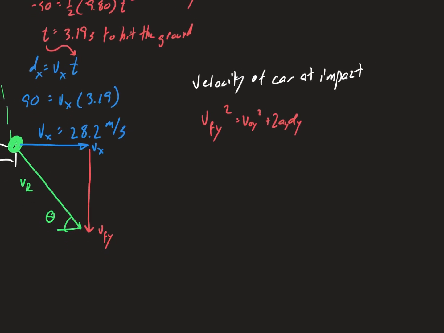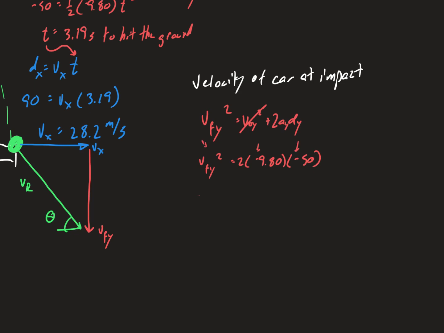Plugging in what I know, once again, there's nothing initially in the y direction. vf y squared equals 2 times the gravity, negative 9.8, times the displacement, negative 50. Notice these two signs are going to make the radical work in that case.